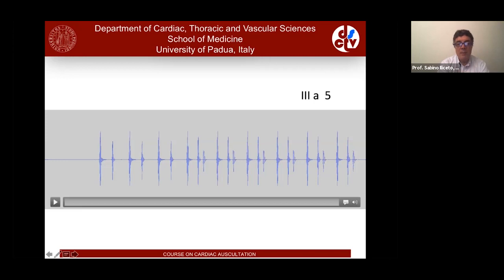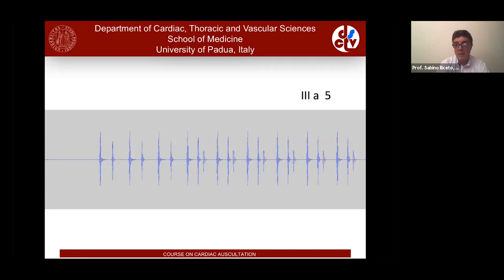So in this example, we shall listen to the first 3 beats, first and second sound, first and second sound, and then the third sound will appear, and then lastly, mitral regurgitation. I suggest you do the following: listen to this example, watching the phonocardiogram that will help you in positioning the different sounds in your brain.